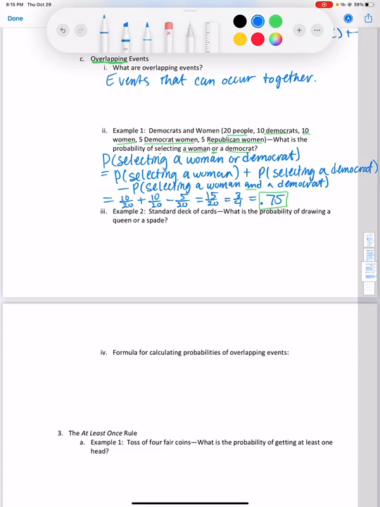Let's take a look at another example. What is the probability of drawing a queen or a spade? Or is key there. Queen or a spade.